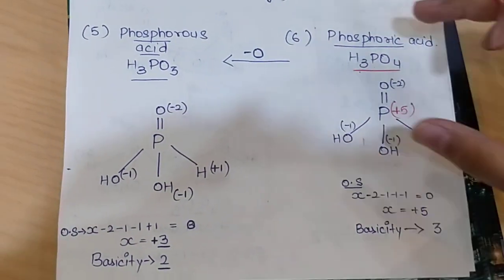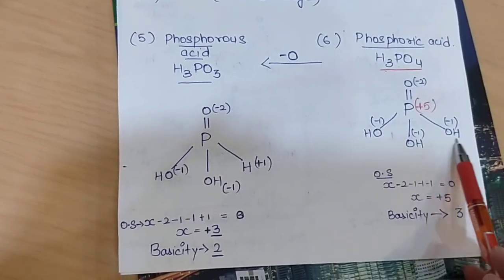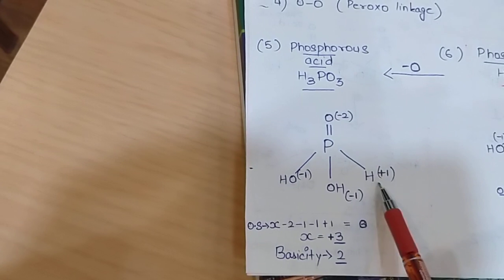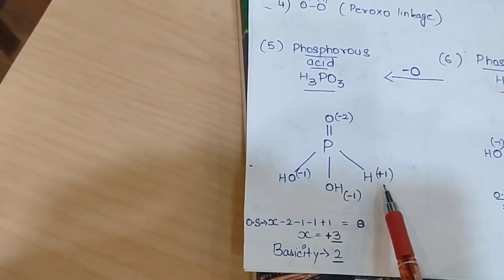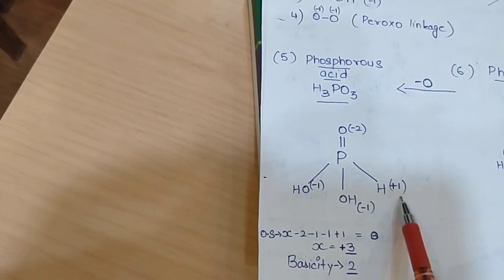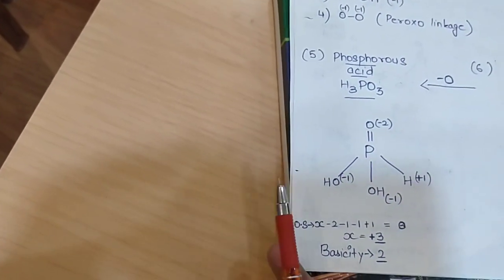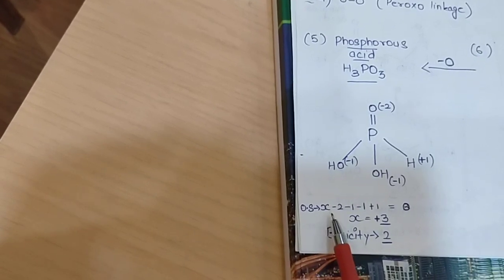From here we have generated phosphorus acid by the removal of one oxygen. Whenever hydrogen is bonded to P, it is always present in +1 oxidation state. So whenever we want to calculate the oxidation state, we'll apply the same formula.